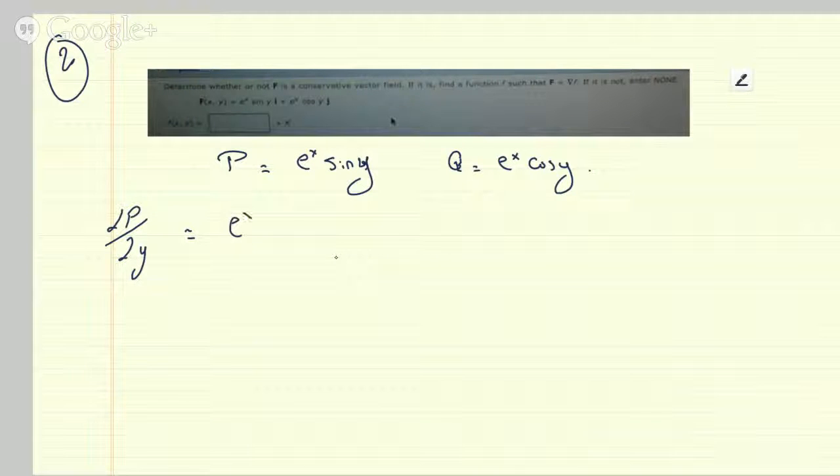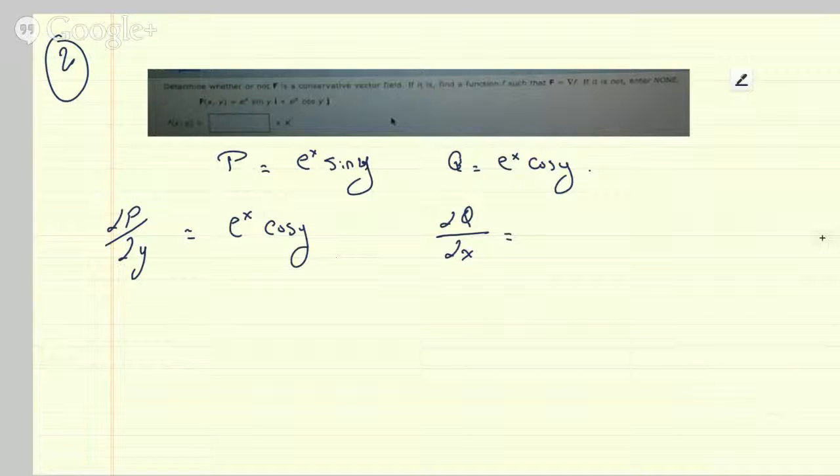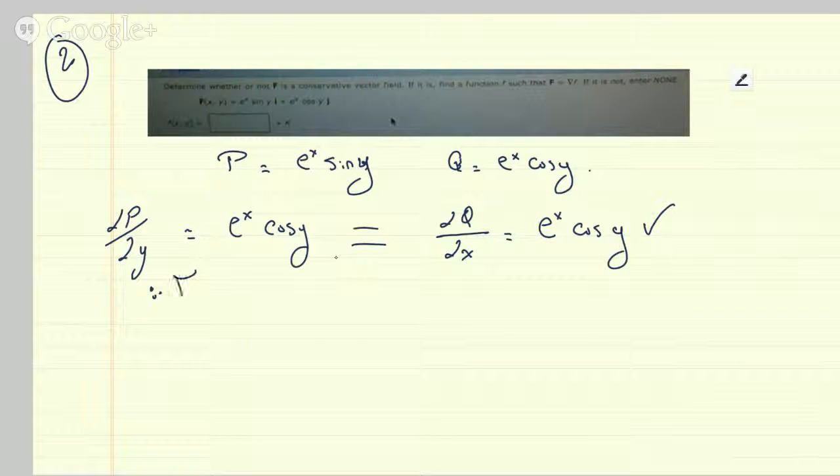So this will be e to the x cosine y. And dQ over dx: here we differentiate with respect to x and hold y constant. So we get e to the x cosine y. And indeed, they are the same, so therefore the field is conservative.